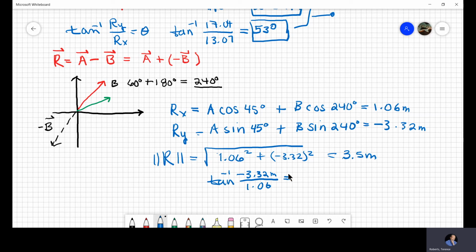Now, one of the things in this part right here you want to take note of: remember, this is y over x. You have a negative y and you have a positive x. So that's going to give you an idea of what quadrant this resultant vector is going to be in. It's where the y is negative and the x is positive. So where is that? 1, 2, 3, quadrant number 4.